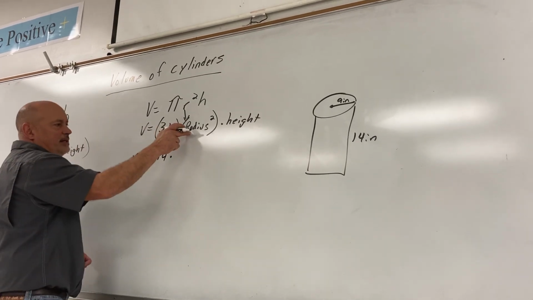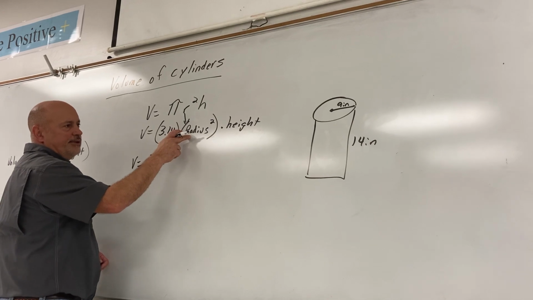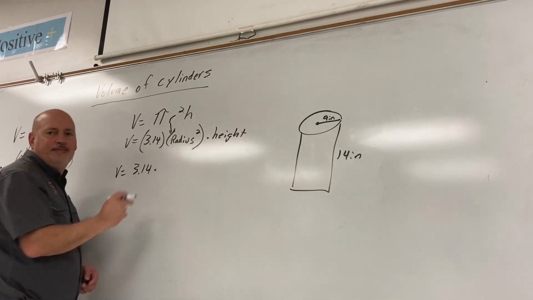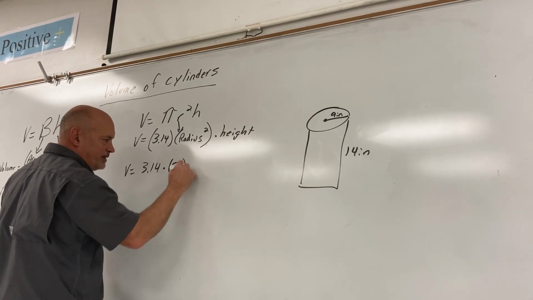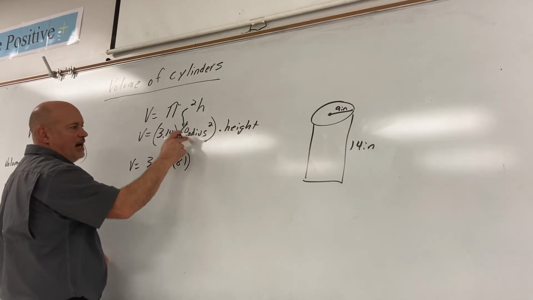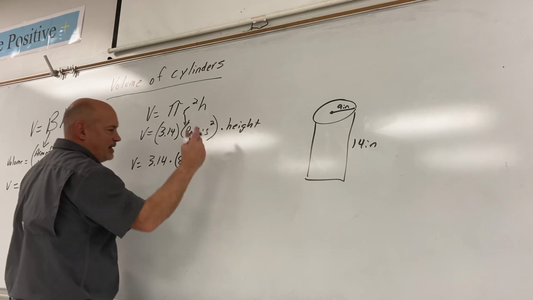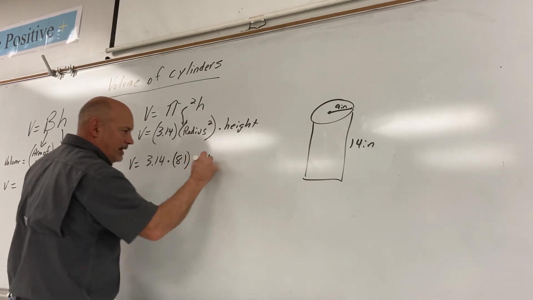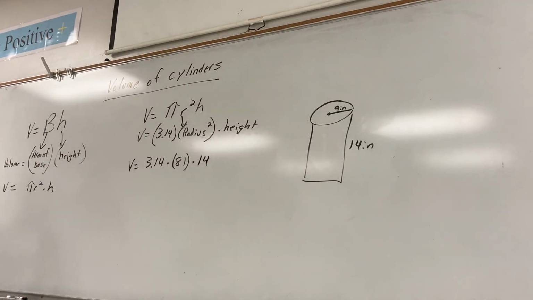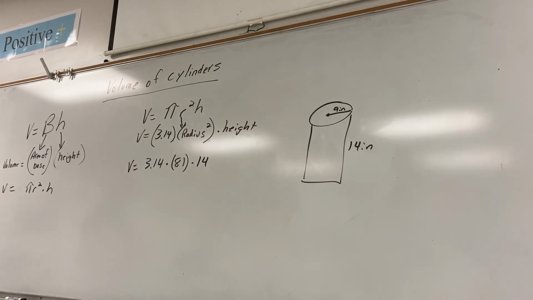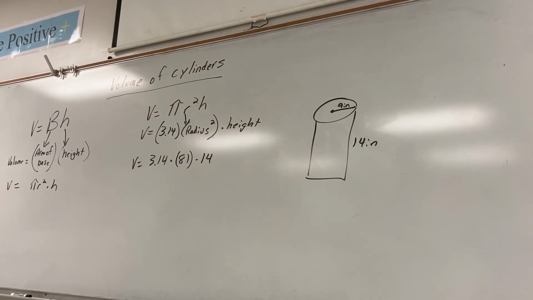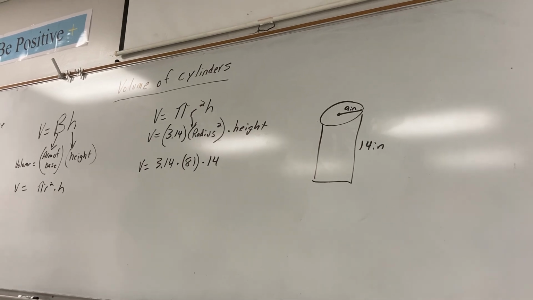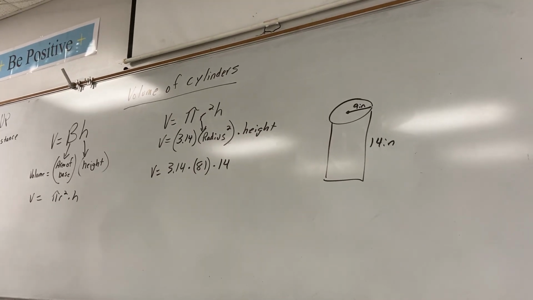What is the radius? 9. And we need to square that. 81. You always got to square the radius. So 9 times 9 will give me 81. And then what's the height? 14. All right, calculator time. Pick up the calculator, type in 3.14 times 81 times 14. Lily Zamora will tell us what she gets, and we'll see if we'll get the same answer she's got.